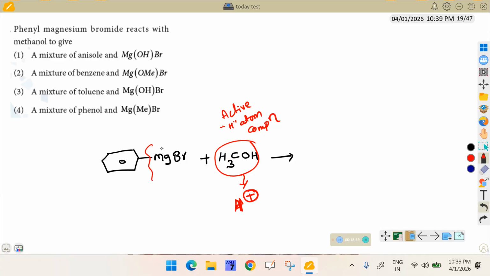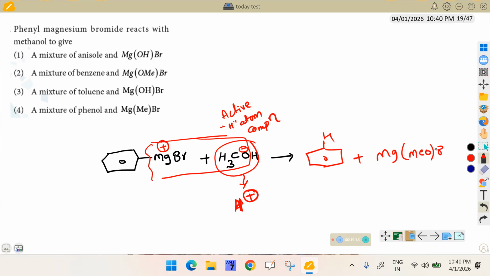Break the bond: Mg, CH3O−, H+. Combine these two. Then it gives C6H6 plus Me means methyl group, Mg, MeO, Br. A mixture of benzene and MgOMeBr.